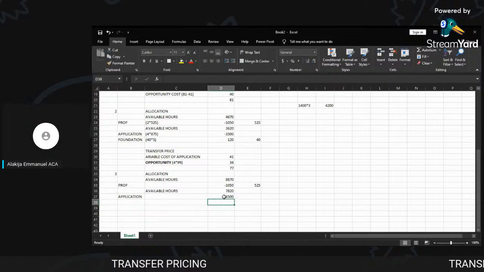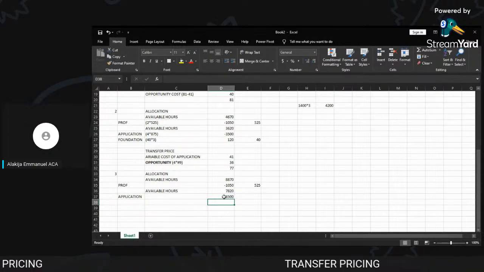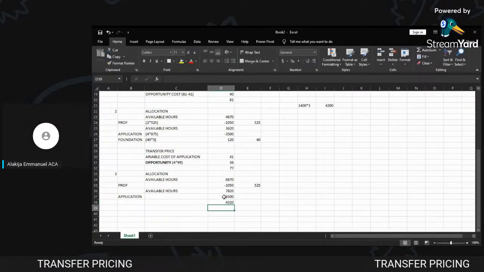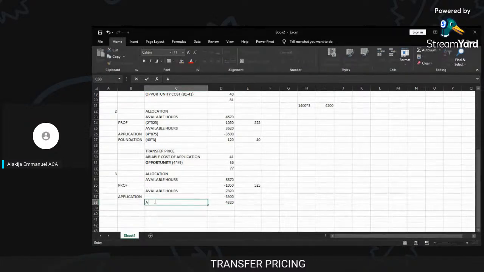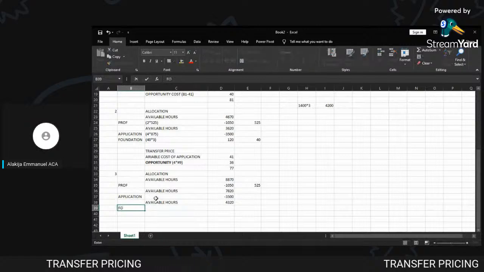Minus 3,005, so that is 4,320. Then we produce foundation.